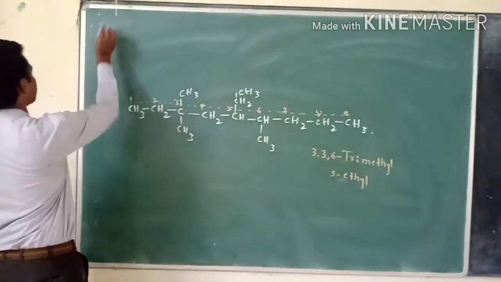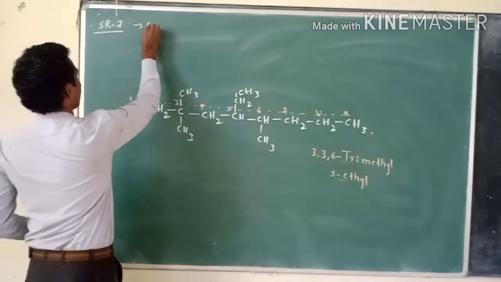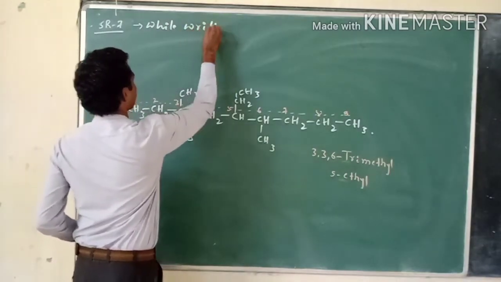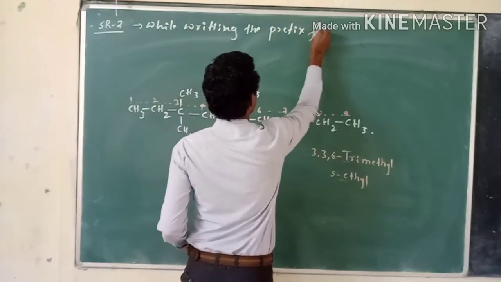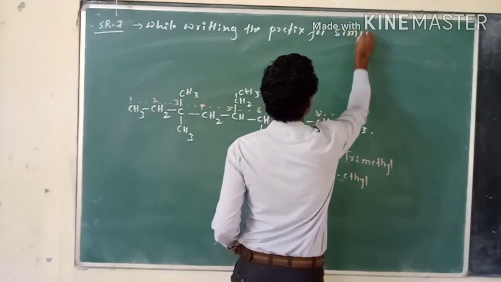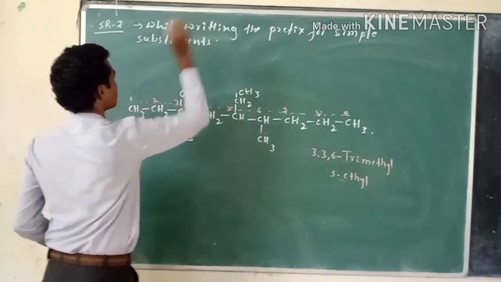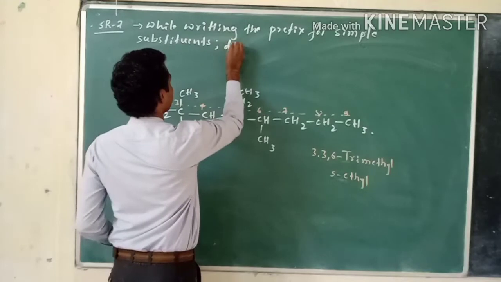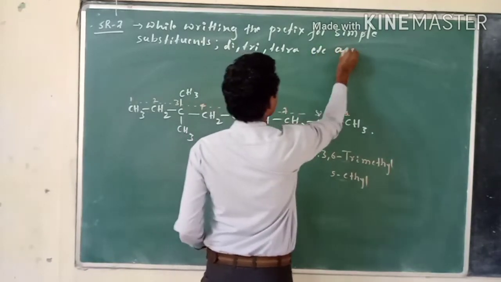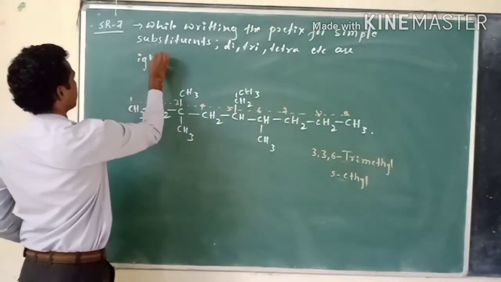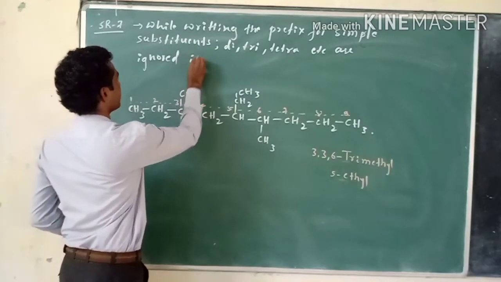So the actual sub rule 7 is, while writing the prefix for simple substituents, di, tri, tetra, etc. are ignored in alphabetizing.